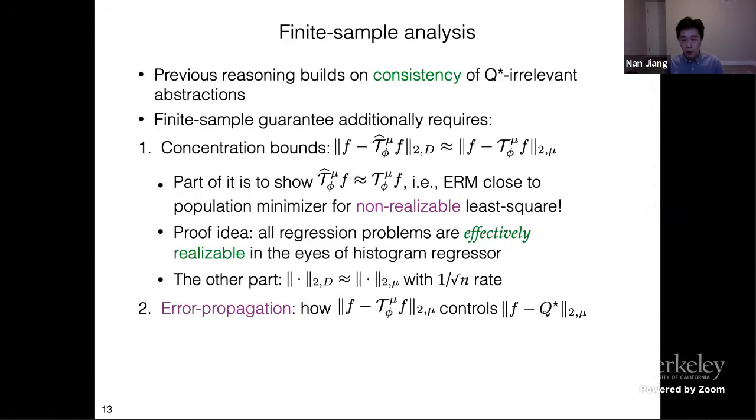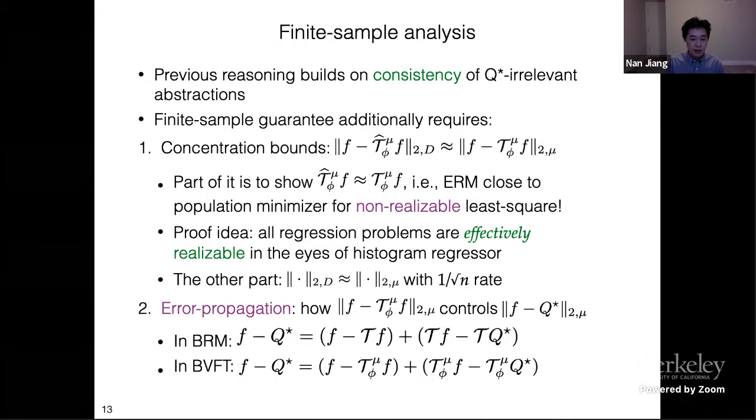And the second part is what we call error propagation. Note that the projected Bellman error is only a surrogate measure for what we care about. So you have to analyze, if the algorithm successfully controls the projected Bellman error, how does that translate to a bound on, for example, the difference between the learned function and Q-star.